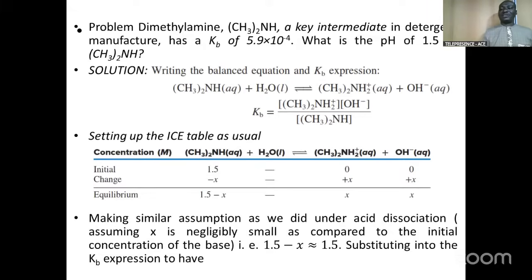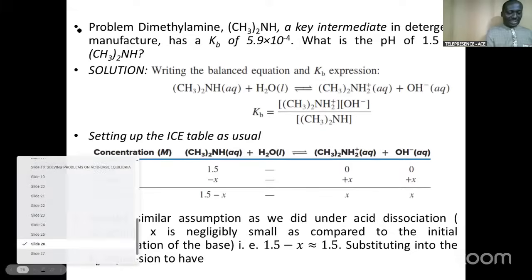What is the pH of a 1.5 molar solution of dimethylamine? The solutions are provided here, but like I did mention in our last lecture, the bluntest pen is sharper than the sharpest brain. Maybe we should work it together so that you can appreciate what is being displayed here.